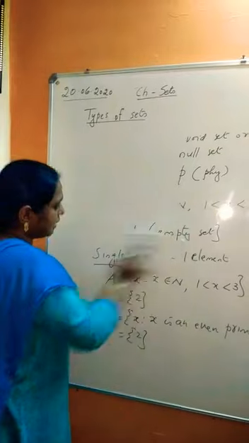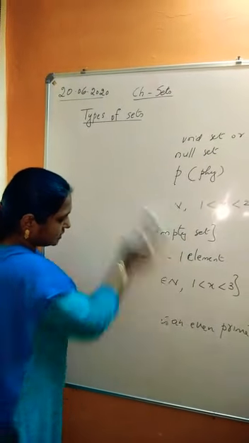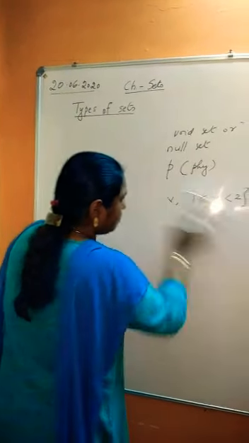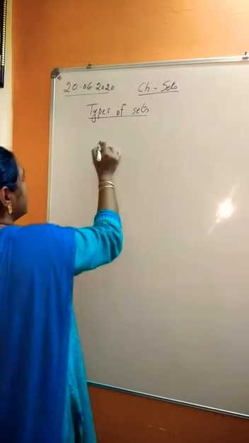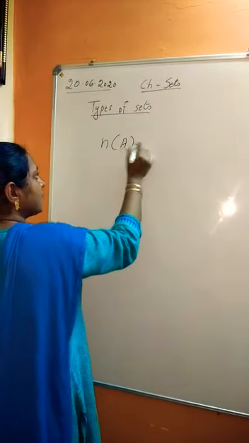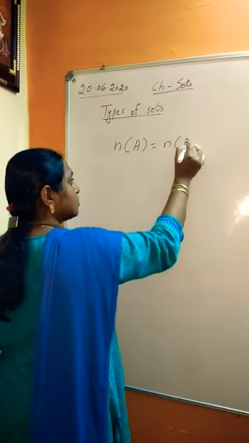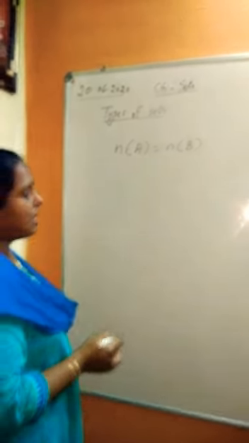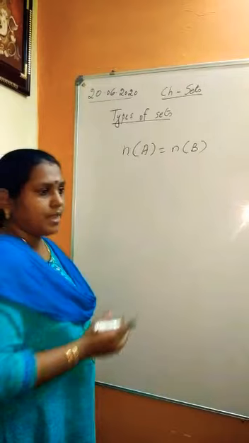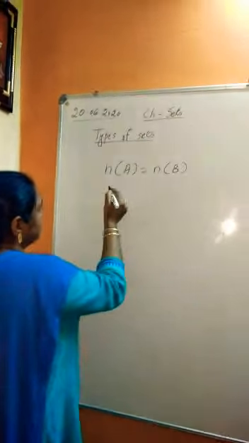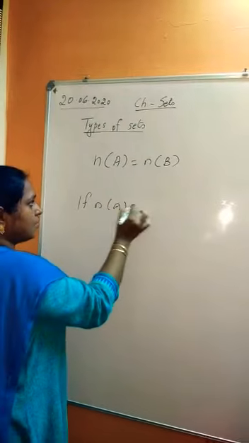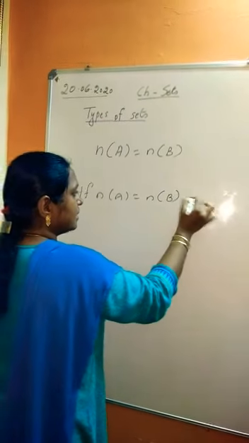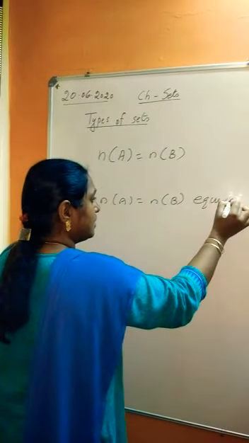Now what are equal and equivalent sets? Equal sets means two sets are said to be equal if the number of elements of both the sets A and B are equal, and the elements should also be exactly the same. But if only n of A is equal to n of B is satisfied, then they are known as equivalent sets.